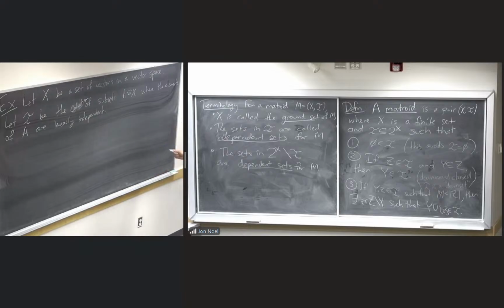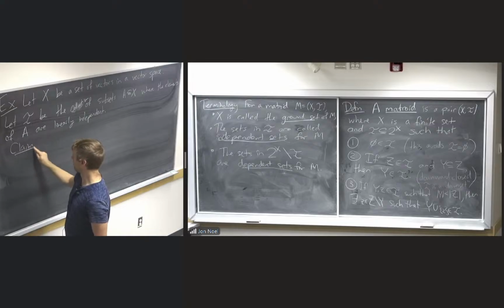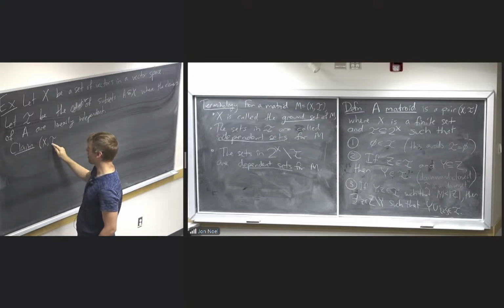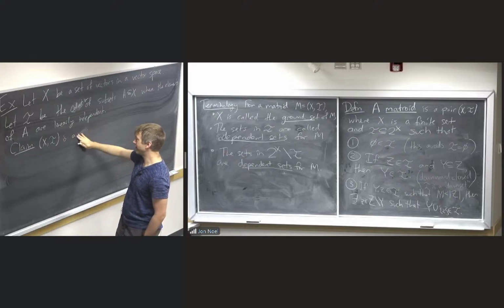Okay, so I claim that the pair (X, I) is a vector space, not a vector space, a matroid.